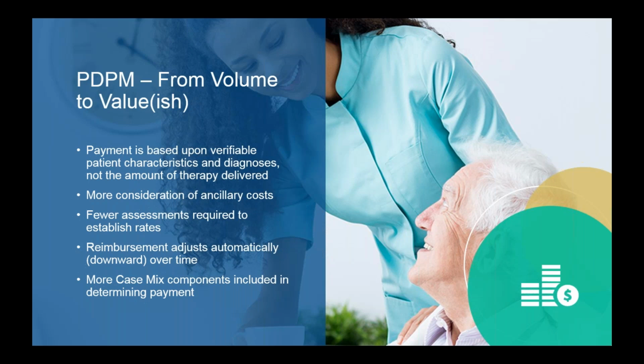Now, even though there are fewer assessments required under PDPM, you've got the 5-day, and that's it, unless there's an interim payment assessment, until the day of discharge for a resident. But that just means that there's so much more riding on that 5-day that you want to make sure you're getting it right, because you really just get one shot, and there's no recalibration of reimbursement every 7 days like there is under the RUGs.